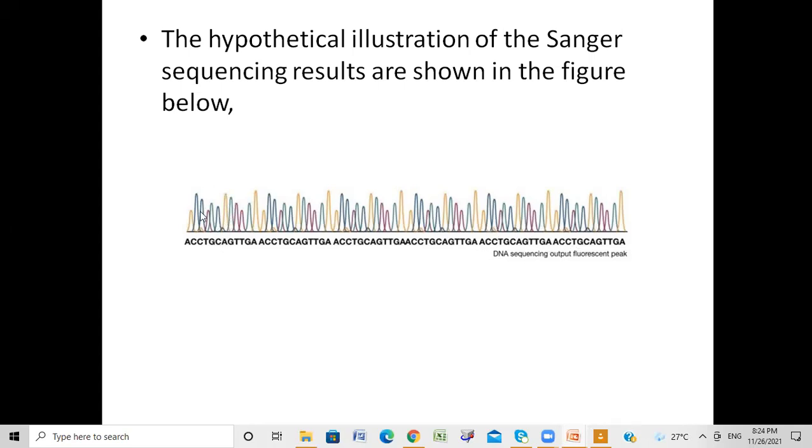When it goes beyond that level, you need to know that the same base is repeated 3 times. The peak height gives you that, but the different colors tell you the different dideoxy nucleotides. There are 4 types of nucleotides, so there are 4 colors, but the peak height represents the amount of color emitted. Accordingly you can tell whether it is a single T or a double T. Understood?